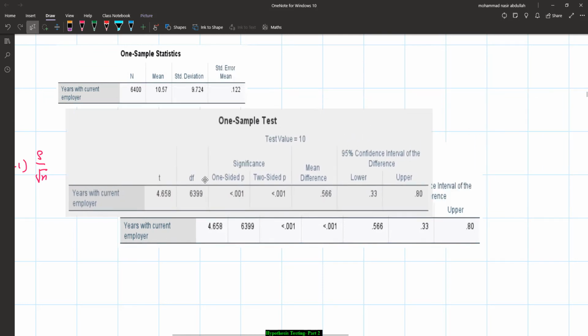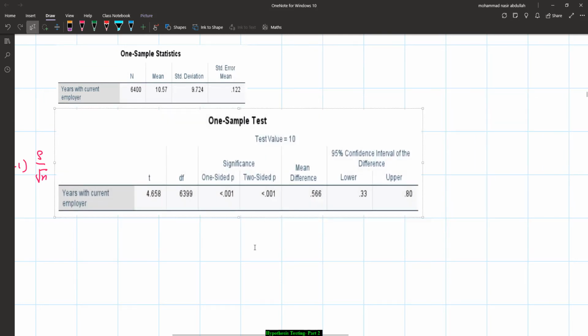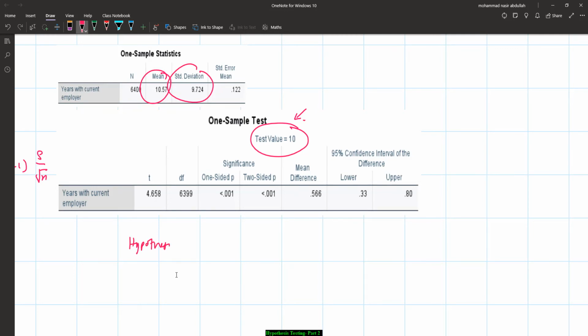So here I have the mean and standard deviation, and this is the test statistic for the hypothesis testing. Our hypothesis statement will be: null hypothesis, mu equal to 10; alternative hypothesis, mu not equal to 10.